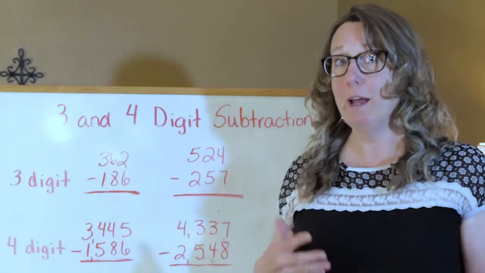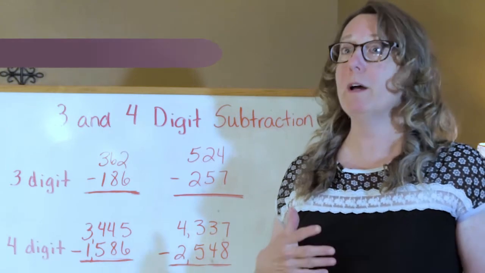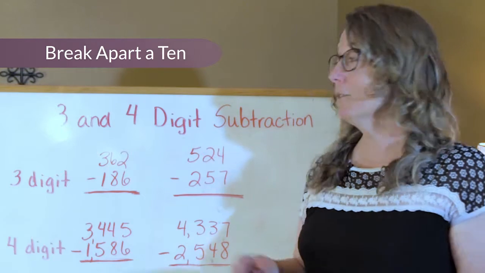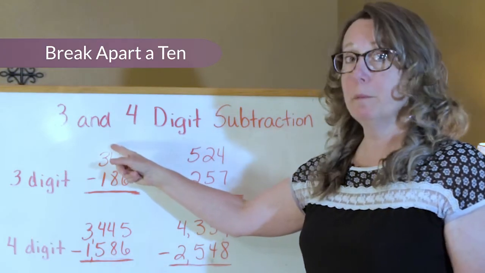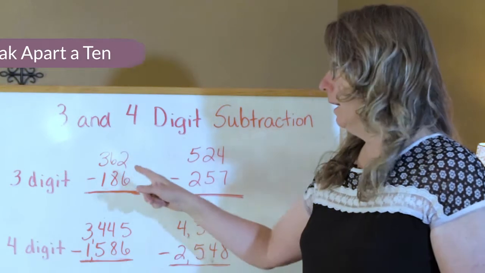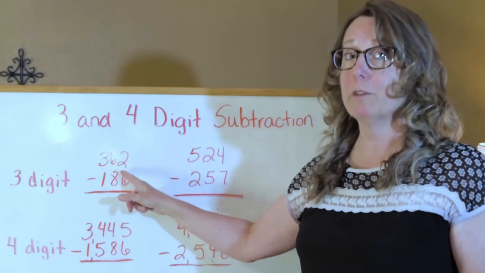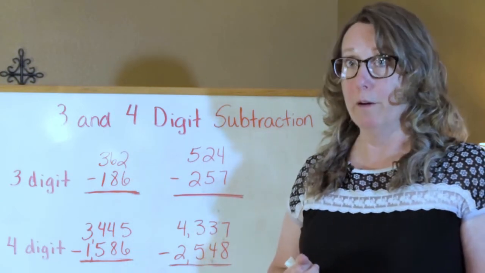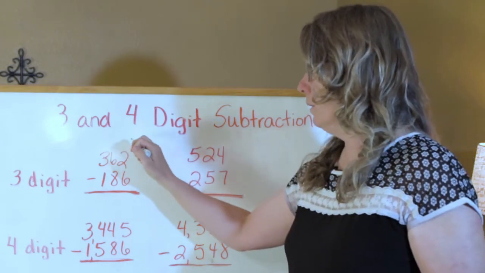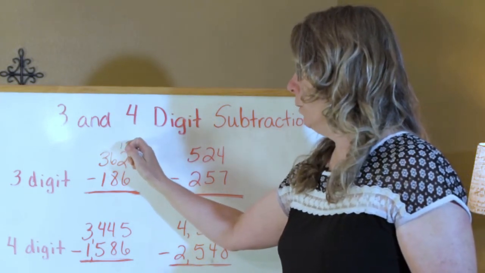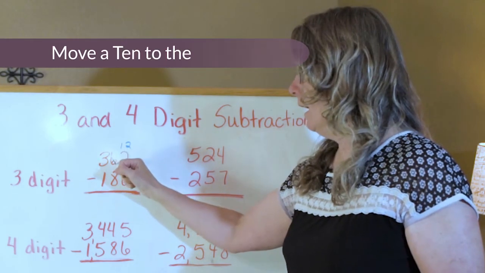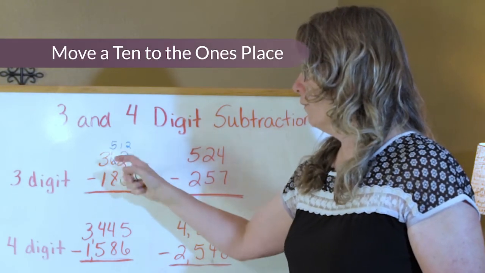And so when we don't have enough, what we used to always say was, let's break apart a 10. So we're going to need to borrow some numbers from the tens place to make this number bigger. So instead of being 2, we're going to make it 12. And if you remember, we put 12 above the 2, and now we've taken 10 away from the tens place.